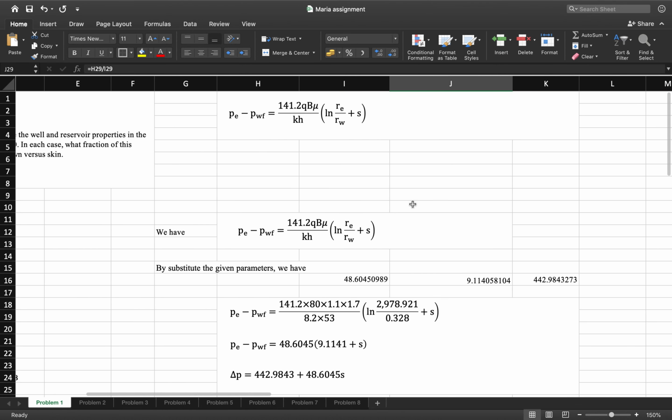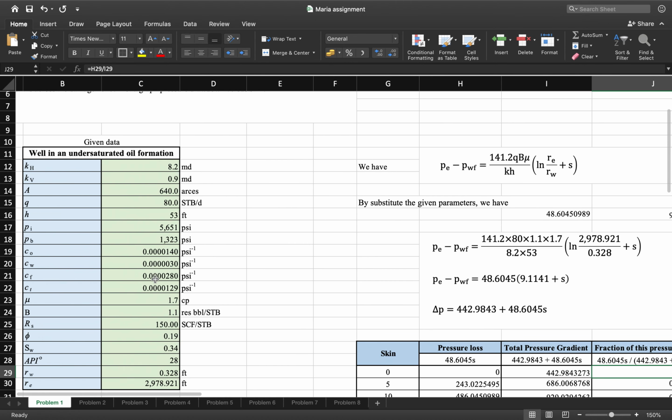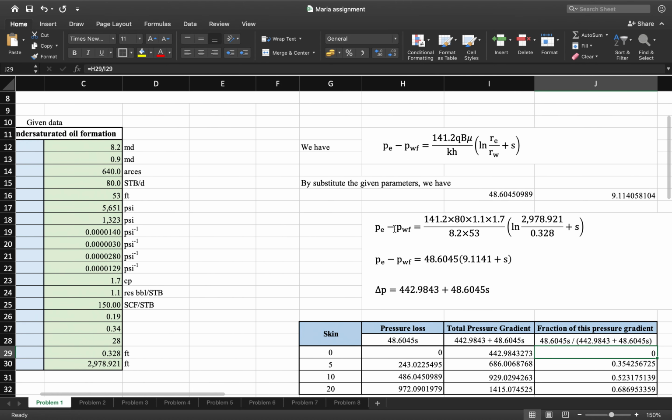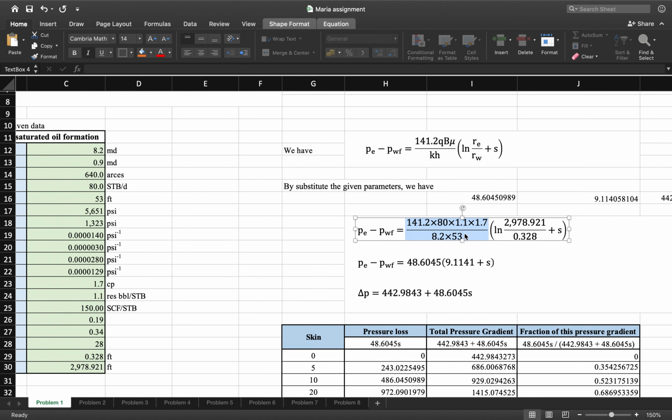So here you will have Pe minus the bottom hole pressure equal to this formula, this function. Then by substituting the given parameters in this table, you will have this. When you calculate this, you will have 141.2 multiplied by 80 multiplied by 1.1 multiplied by 1.7, all divided by 8.2 multiplied by 53.